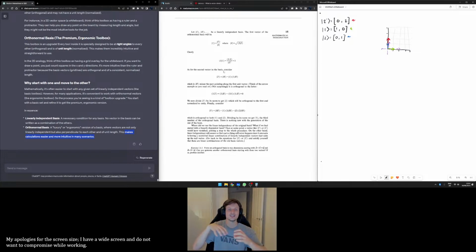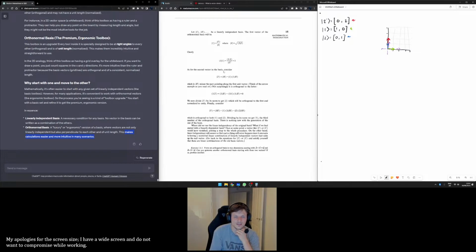Okay, no, so it's just saying that we now divide 2 by its norm to get one which will be orthogonal to the first and normalized to unity.